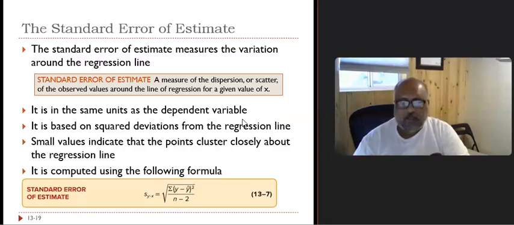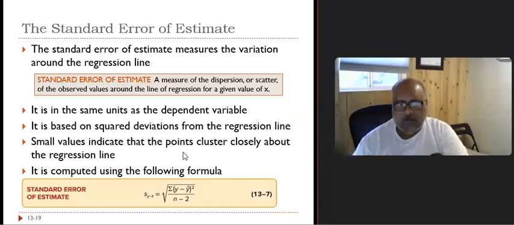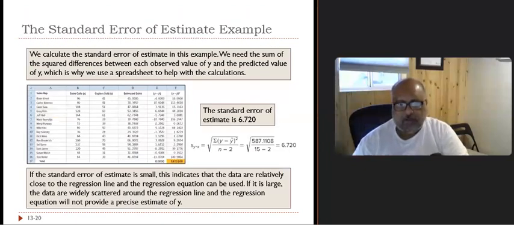Even if you go back and subtract, say, 7 from 41, it gives you roughly 34 or so. That's roughly the standard error of estimate, which accounts for the difference between predictive values and actual values.